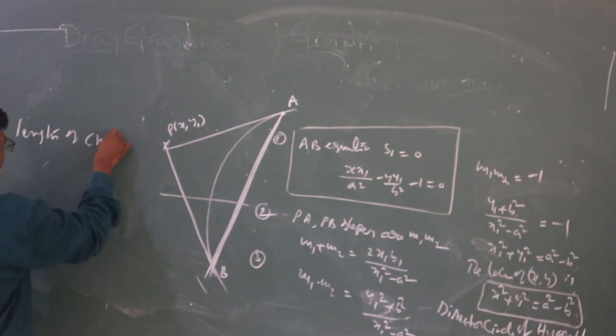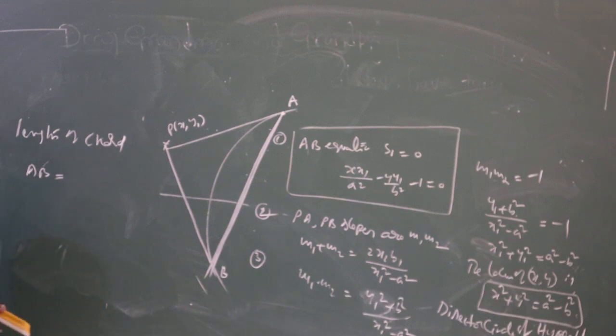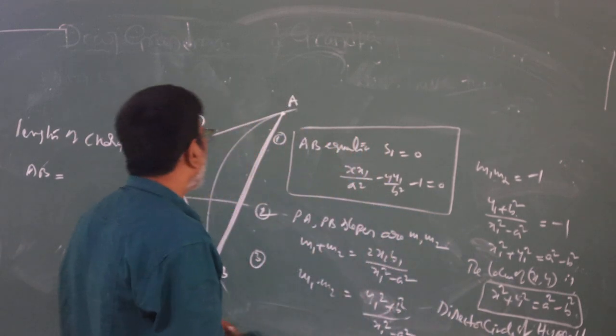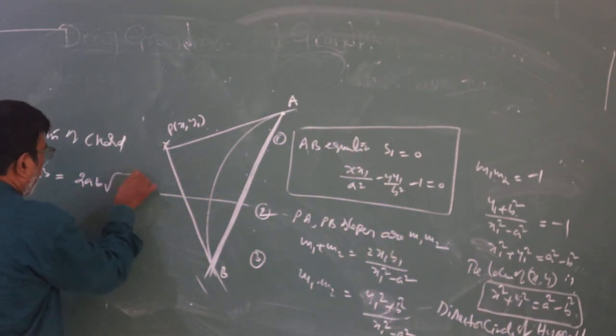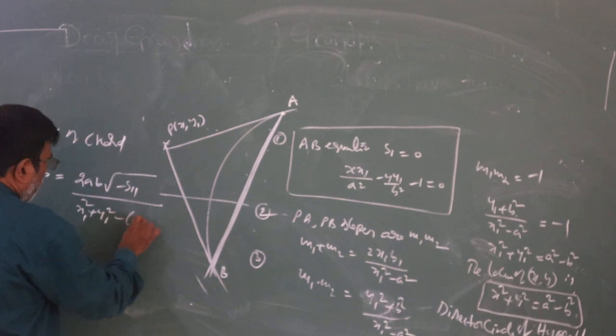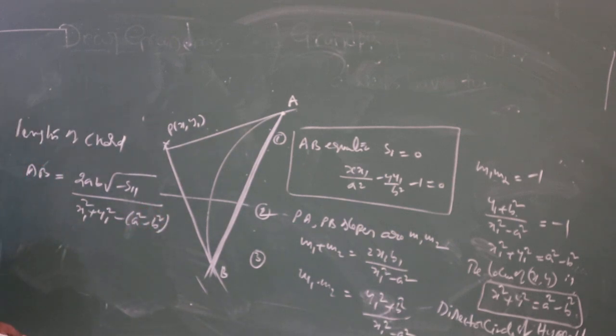The formula is given like this: the length of chord AB equals 2ab times the root of minus S11 by x1 square plus y1 square minus (a square minus b square). For an ellipse, here it is plus, and here it is a square plus b square. Observe the difference. For the hyperbola, it is 2ab root of minus S11 by x1 square plus y1 square minus (a square minus b square).